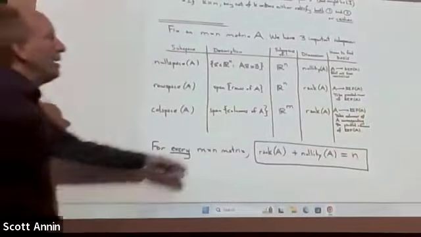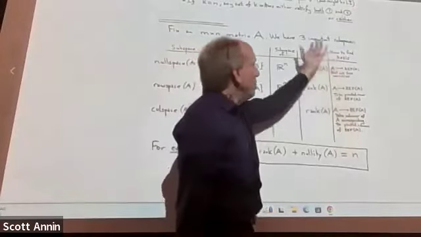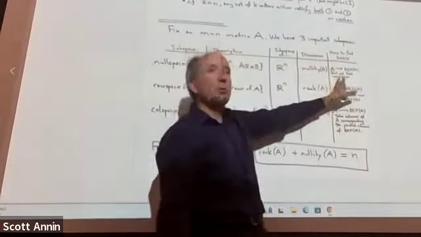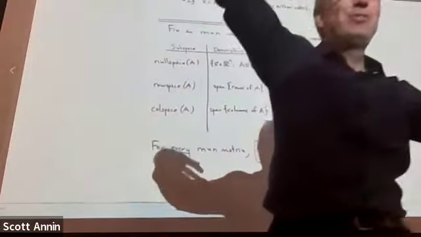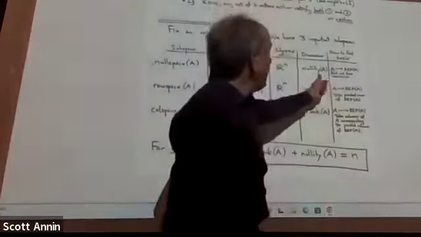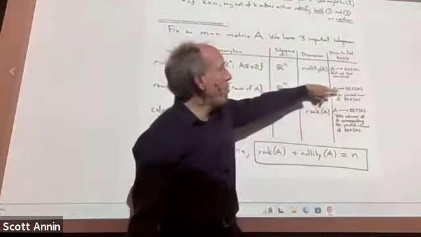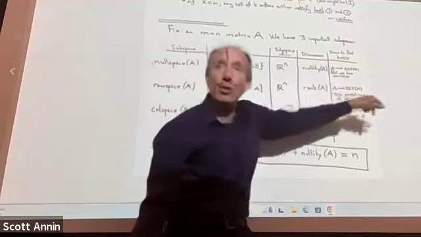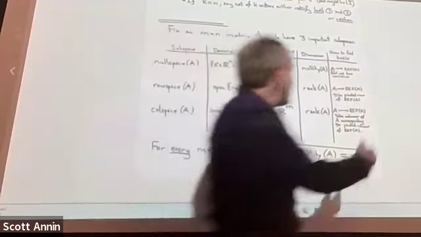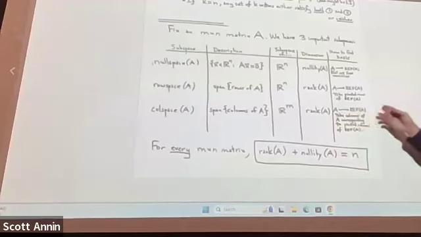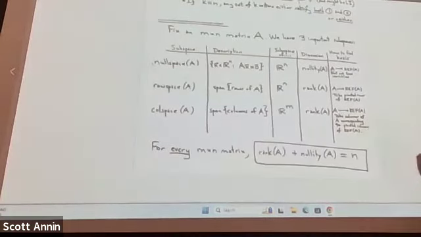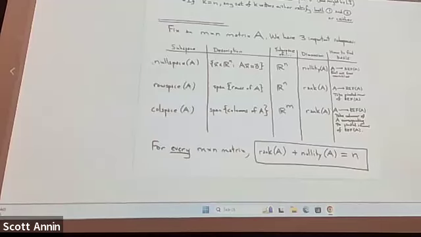You find the row echelon form one time. And once you've done that, you'll be able to find the basis. In the case of the null space, you have to bust out the free variables, right? In the case of the row space, it just says take the pivoted rows of the row echelon form. And in the case of the column space, it says take the columns of A corresponding to the pivoted columns of the row echelon form.